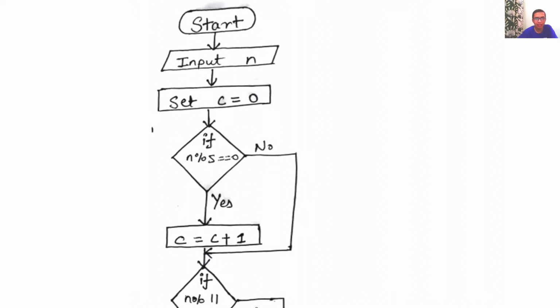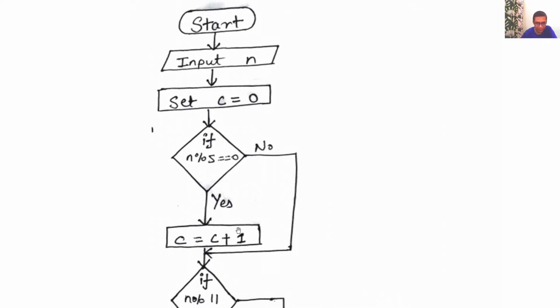So firstly I'll input n, then I'll initialize a variable c to 0, then I'll check is n divisible by 5 or not. If n is divisible by 5, then I will simply increment the value of c. If c was earlier 0, then now it would become 1.